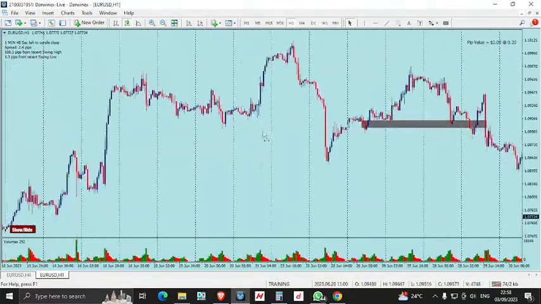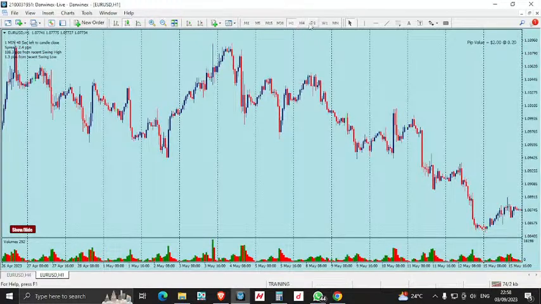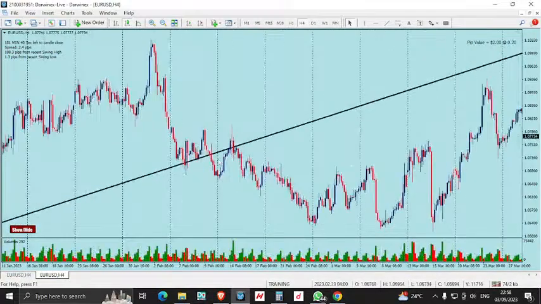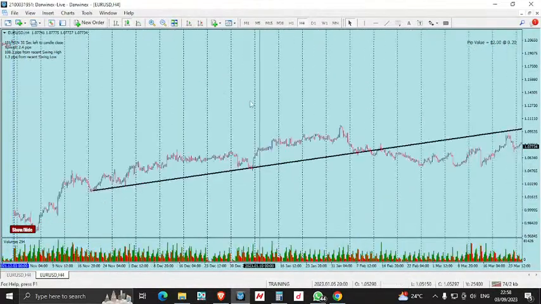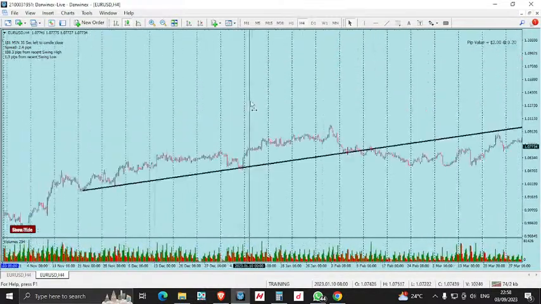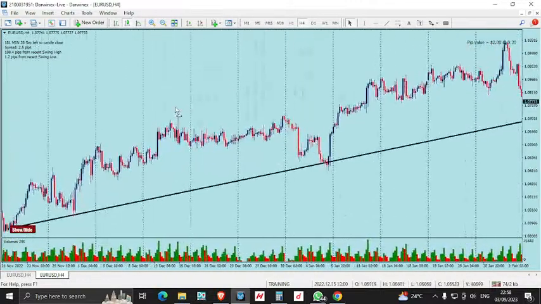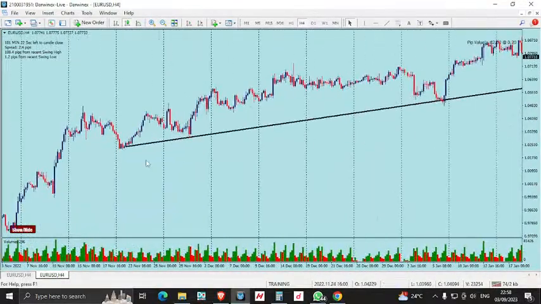Our candle may not refresh to that area, so we can use 4 hours instead. Look at it here. Let's zoom out. So on these 4 hours now, we will continue buying this market until the trend line is broken. Look at it here.